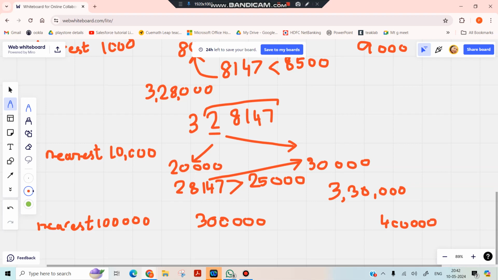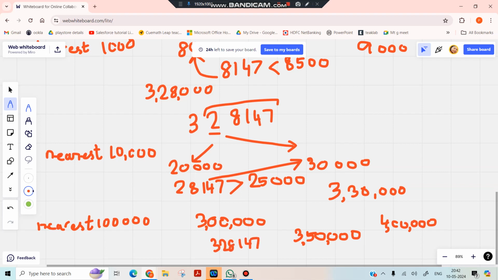Which is the middle number? The middle number between lakhs is 50,000. So it will be 3,50,000. Your number is 3,28,147.